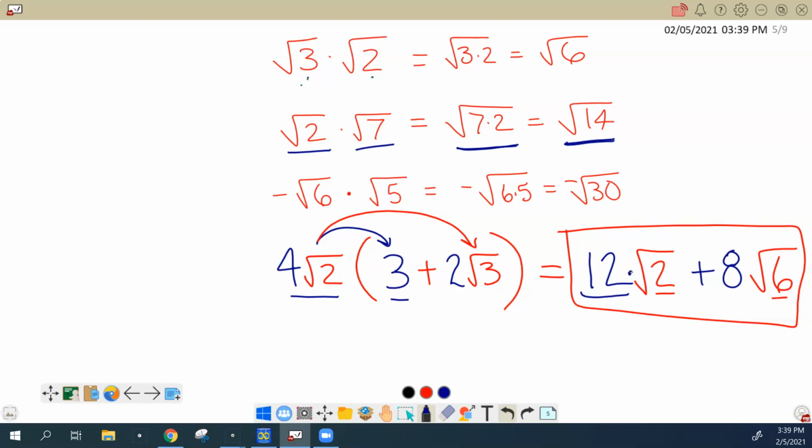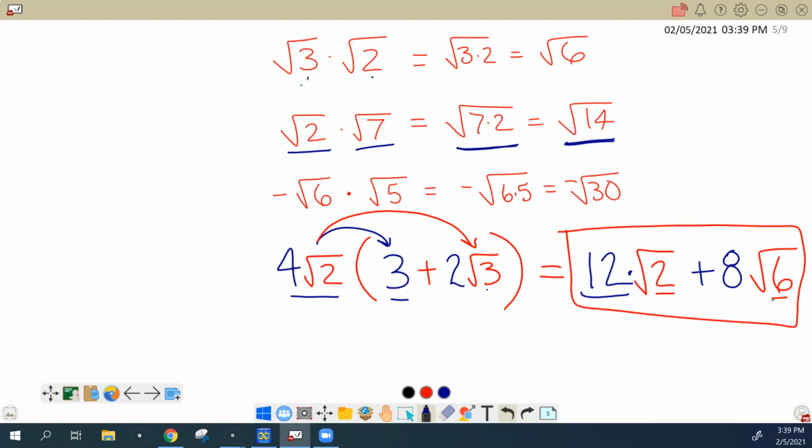So then we're going to do the same thing with the next term. So we're going to multiply 4 root 2 times 2 root 3. So the 4 gets multiplied by the 2, which equals 8. And then the root 2 gets multiplied by the root 3, which leaves you with root 6.